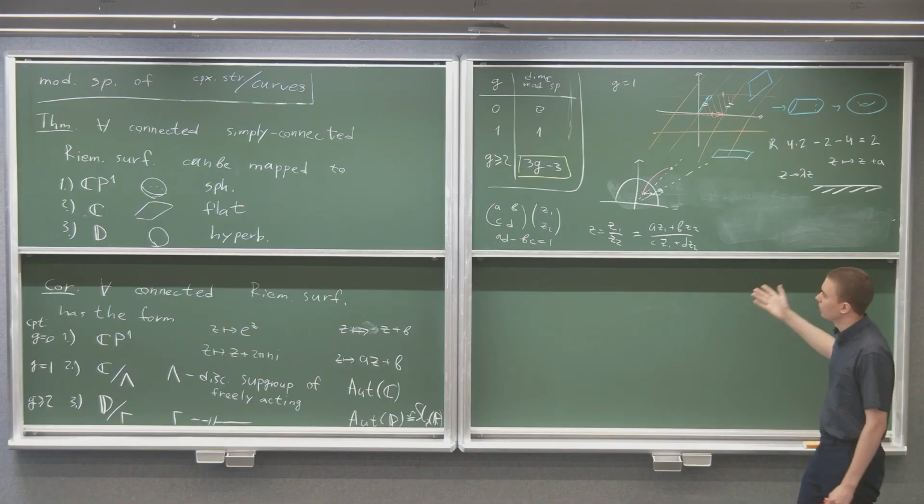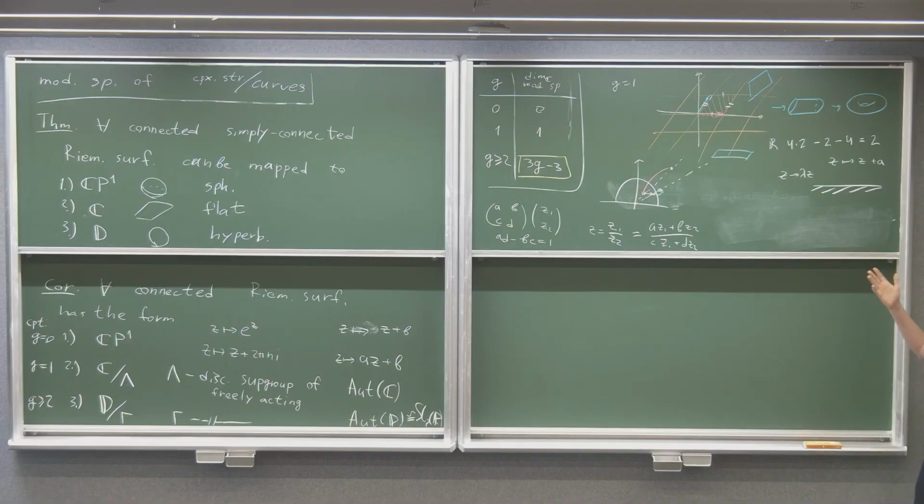The first thing that I would like to modify, not generalize, modify, is the construction of the compact Riemann surface from some fundamental domain through gluing. So in the genus equal 1 case, this was just some parallelogram on a plane.